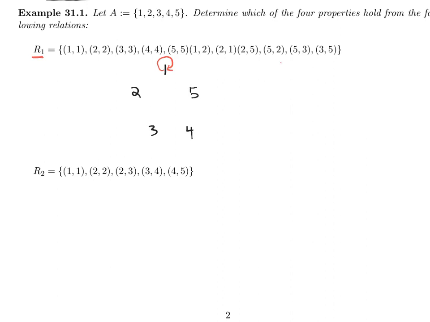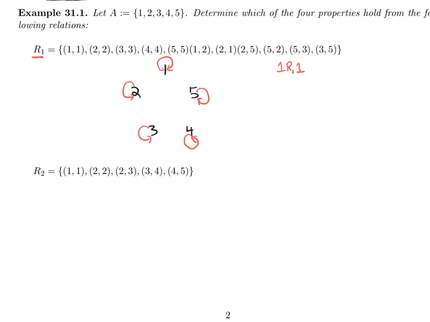And just to make sure we know how to write that, we'd write it like this. 1 is related through the relation R1 to itself. 1, R1, 1. We have 2 is related to 2. 3 is related to 3. 4 is related to 4. 5 is related to 5.